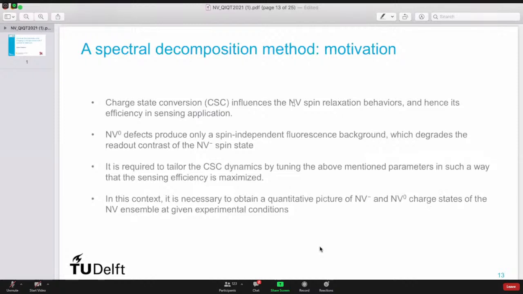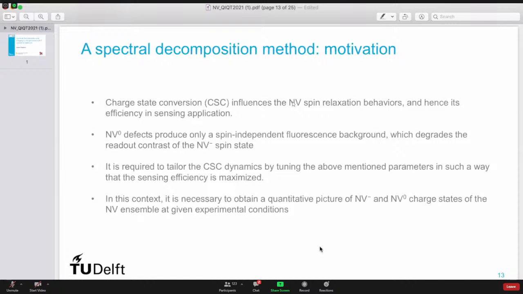So there should be some way to tune the charge state conversion mechanism such that there are fewer NV0 centers in the system. So basically, prioritize the NV0 to NV minus process and reduce the NV minus to NV0 process, which creates more NV0 centers in the system.